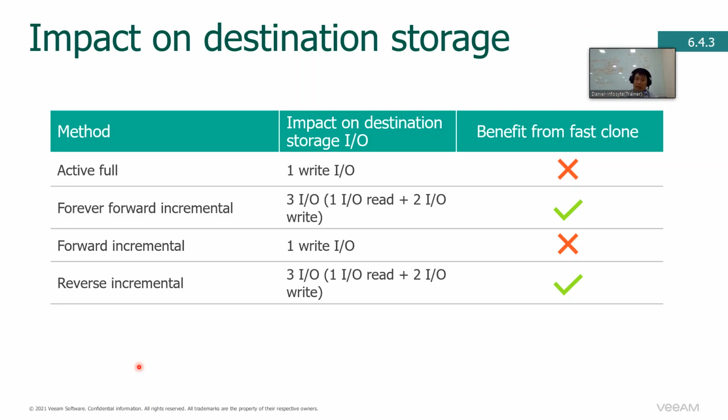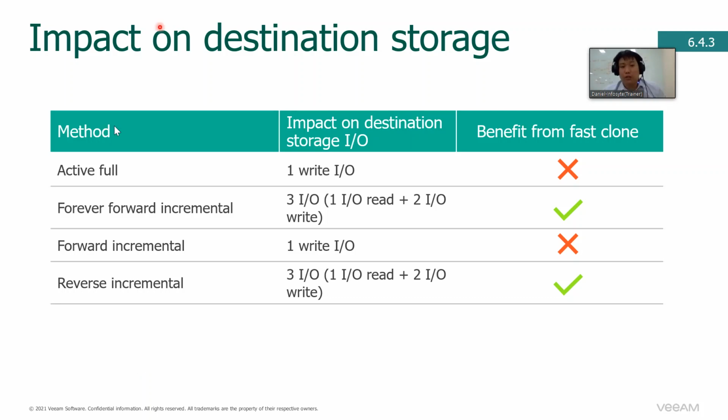Same thing goes to reverse. Okay? So they will write and then they will redirect your data to the same block. Though you do not need to move the data here and there anymore, it will be faster that way. Okay? So normal incremental backup and also active full will not get this benefit because those are writing unique data. Only applicable if you are trying to make additional copies of the already duplicated data inside your repository.